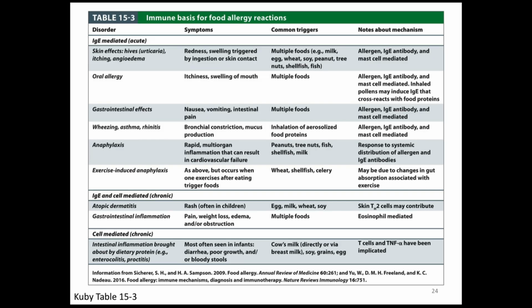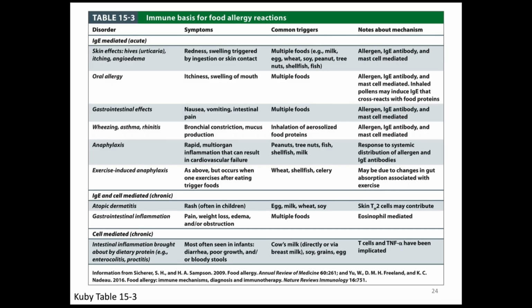And so here you can see many different aspects of different types of allergic reaction. And in fact, this also points out, sometimes food allergies end up being a rash, and that's usually because of touching the food.